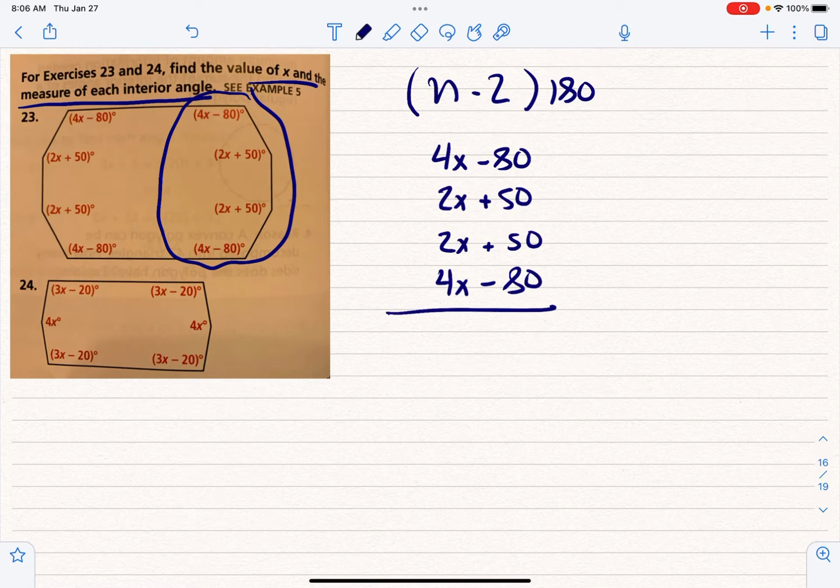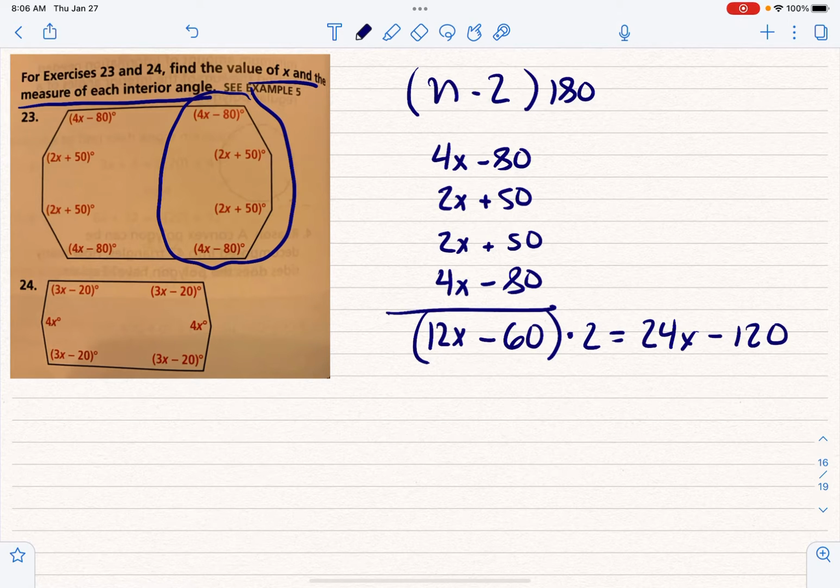Negative 80 plus 50 is negative 30, plus 50 more is positive 20, minus 80 is minus 60. And then 4 plus 2 is 6, plus 2 more is 8, plus 4 more is 12x. So that's the total of one side. If I multiply it times 2, I get 24x minus 120. So that is the total of all of those interior angles.